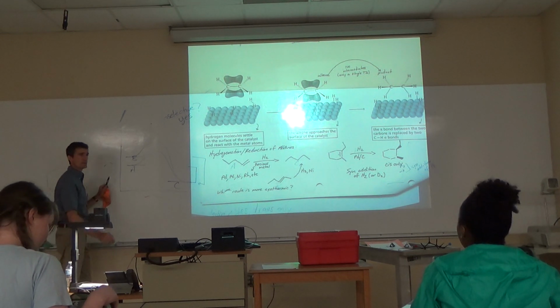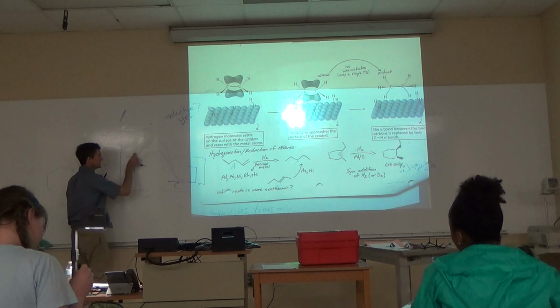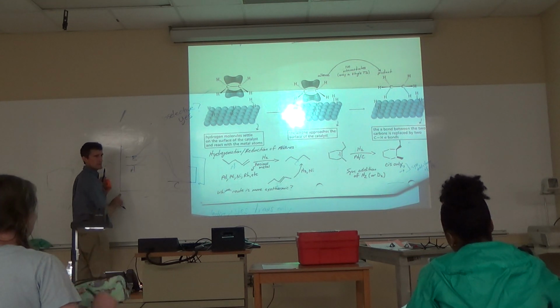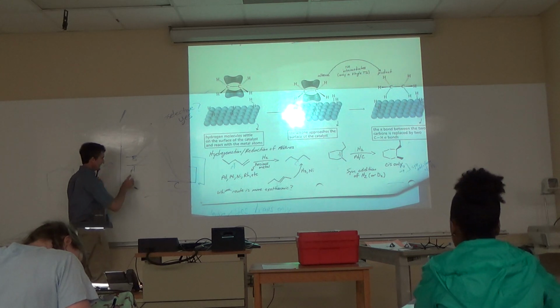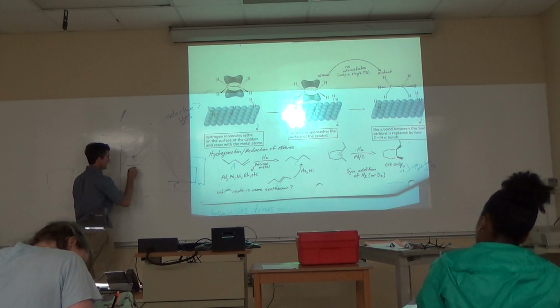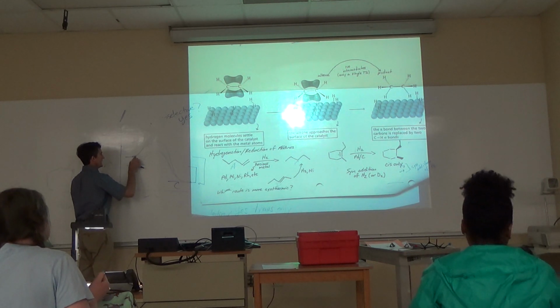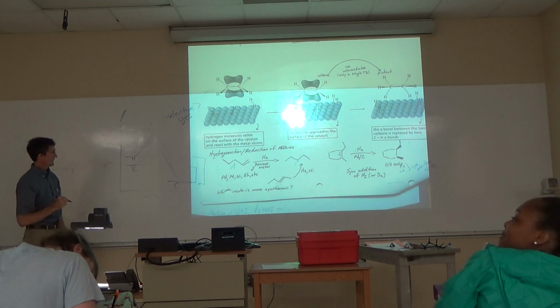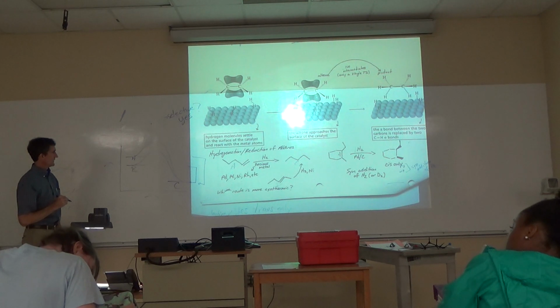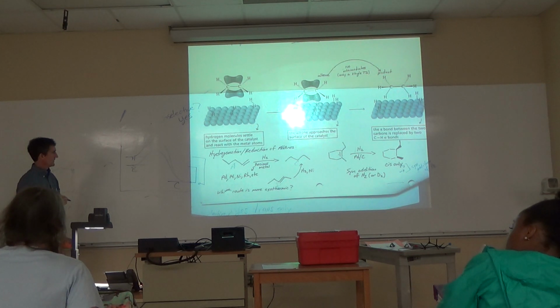You should have said something. See, I was worried about the clock. This is not right, is it? Which one's more stable, A or B? B is more stable. That's the thing we tried to say. B should be here, right?